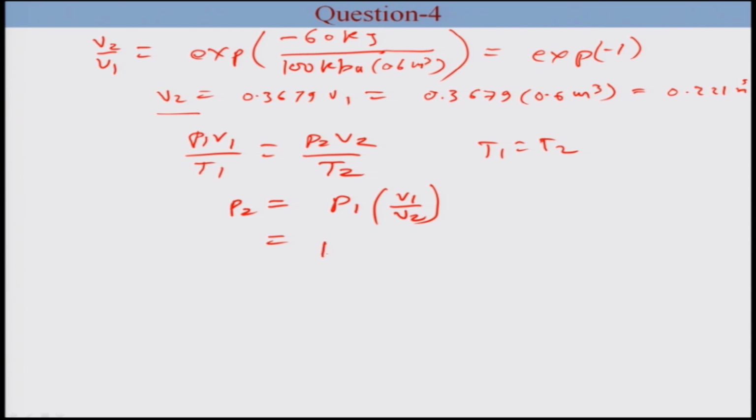P1 is 100 kilopascal, V1 by V2 is nothing but 1 upon 0.3679. So this gives final pressure equal to 272 kilopascal.